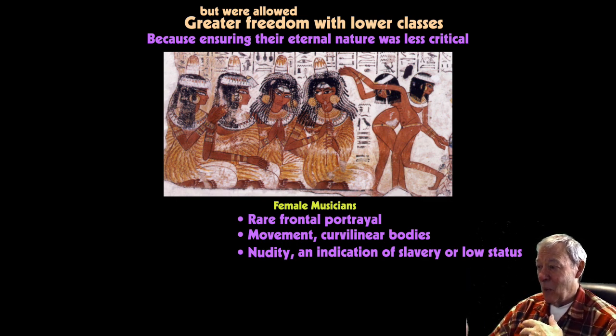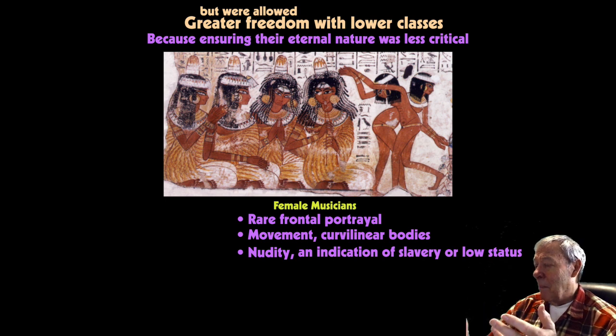As well as the heroes and great figures of their sculptures. They were done typically in the nude. Now, this is very unusual, of course, in the ancient world. And typically when you see figures that are nude, that would be an indication of their status as slaves.